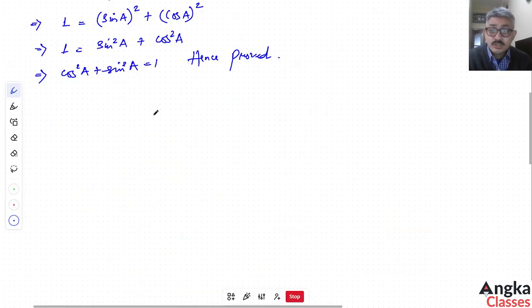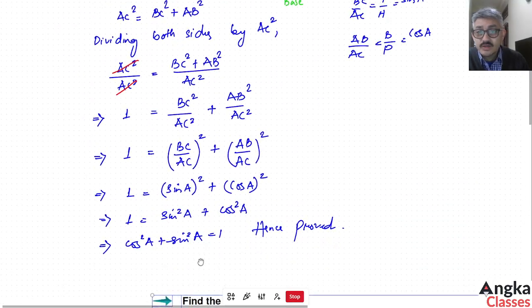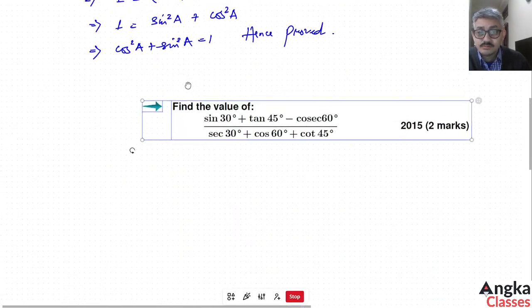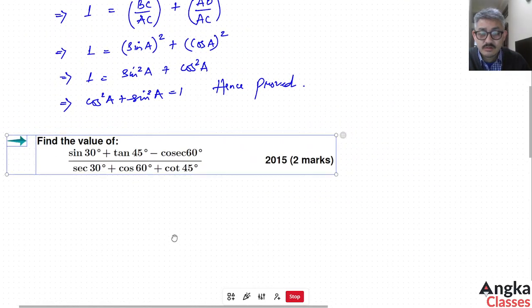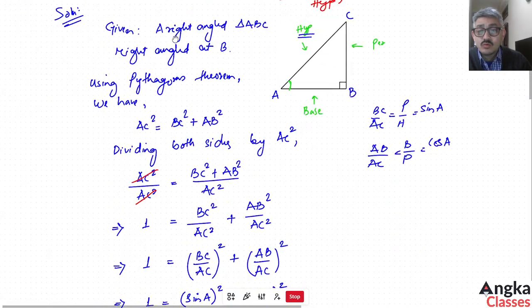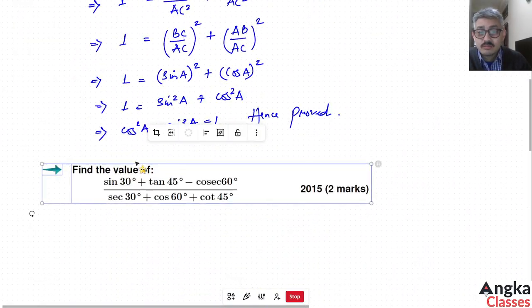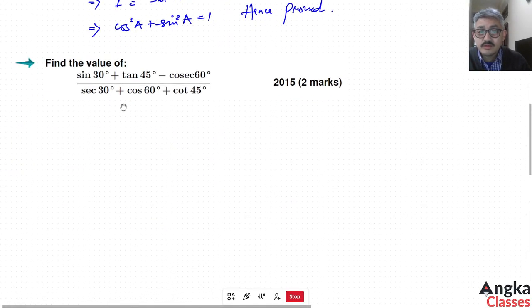Now the next question, from 2015. It is a value question on trigonometric ratios at certain degrees.